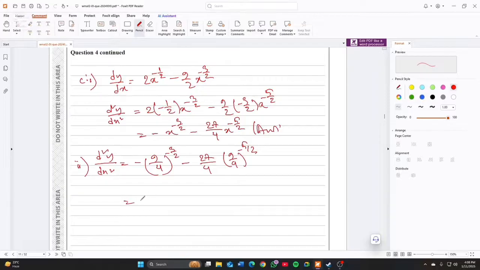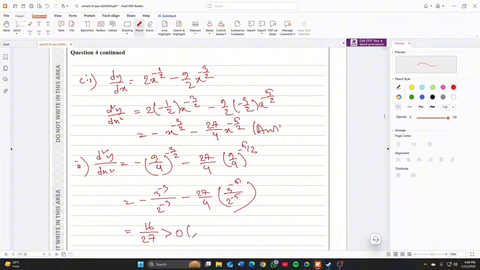So this becomes minus, this is 3 square, this is 2 square, so 3 to the power minus 3 by 2 to the power minus 3 minus 27 by 4, and this is 3 to the power of minus 5 divided by 2 to the power of minus 5. And doing this, we get 16 divided by 27.